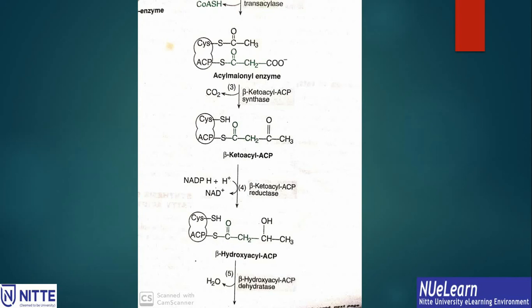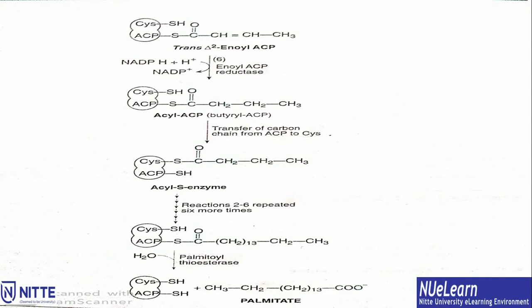ACP dehydratase, where beta-hydroxyacyl ACP undergoes dehydration. You can see the reaction in the next slide. A molecule of water is eliminated and a double bond is introduced between the alpha and beta carbons. That is the fifth enzymic reaction.